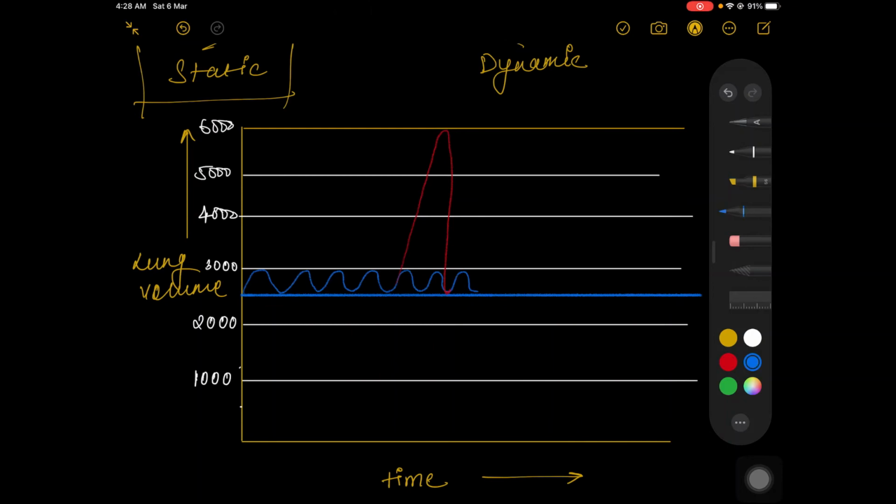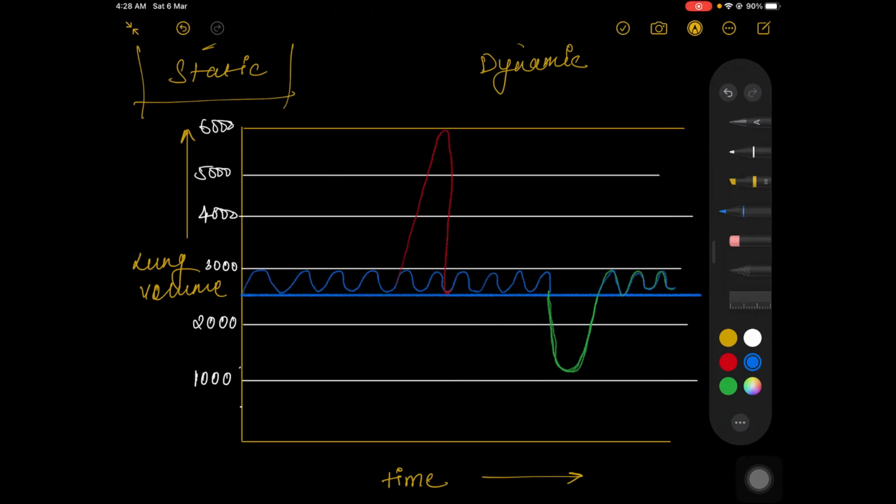Now suppose if I follow the tidal volume again, and if I expire more than the normal, the maximum expiration, it will be around 1200 ml.